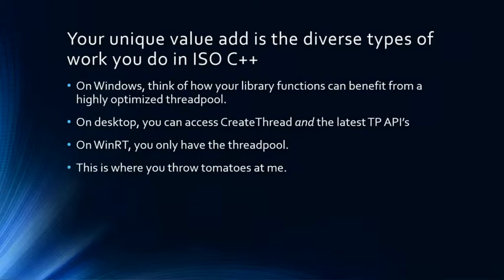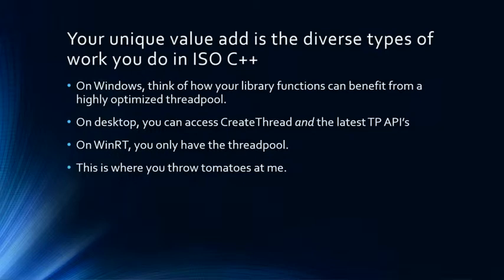Whether it's on Windows with our thread pool or on iOS with Grand Central Dispatch, you really need to think about how you structure your library and your value add to the world in terms of work, because you really want to run these in terms of work units and not threads. Even though I wanted to talk to you about threads, one of my key messages is to think about how to do your value add in terms of units of work.